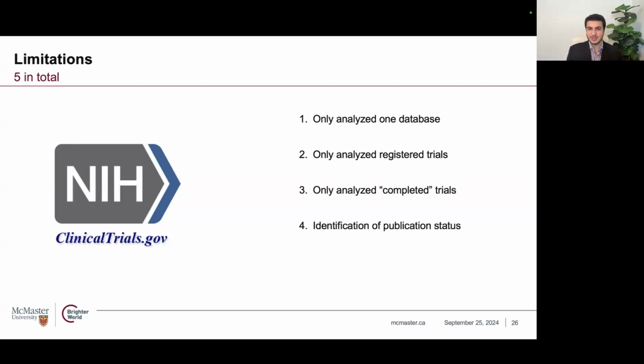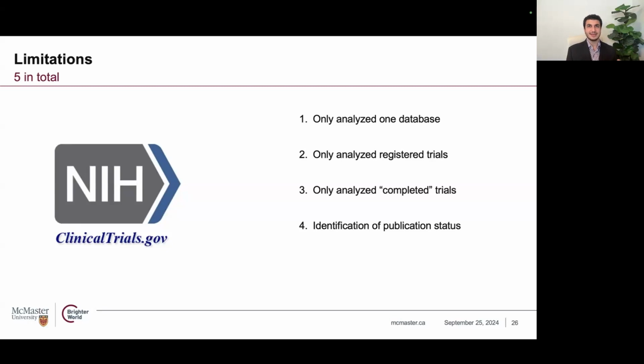Another major limitation would be that we identified the publication status of those clinical trials by relying on clinicaltrials.gov. They have an automatic function that tells you whether a clinical trial has been published or not. And we realized this as we were working on our paper. So we completed a quality assurance of our stats where we manually reviewed 10% of our data.